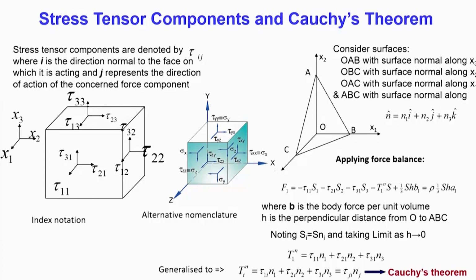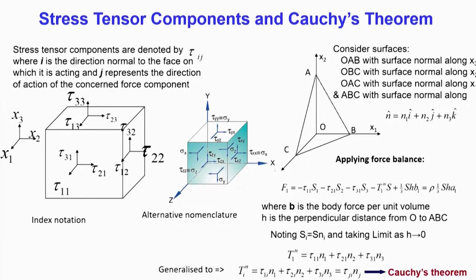Now, when h tends to 0, the body force term tends to 0 and the acceleration term also tends to 0. So, you are left with T1 is tau 11 n1 plus tau 21 n2 plus tau 31 n3. So, this is for 1.